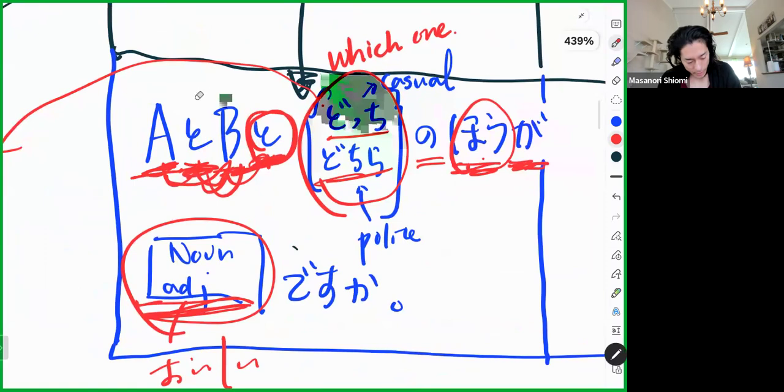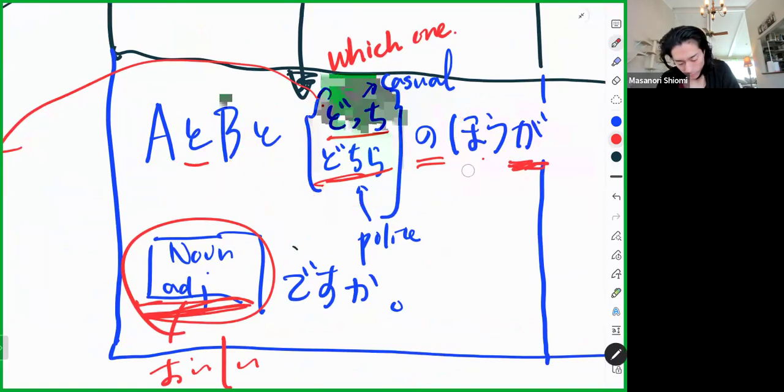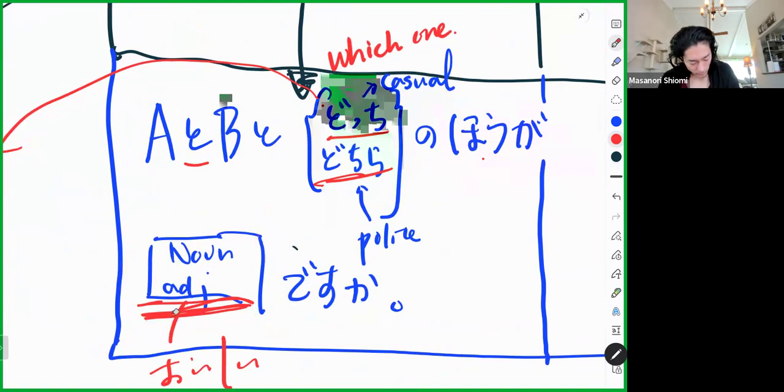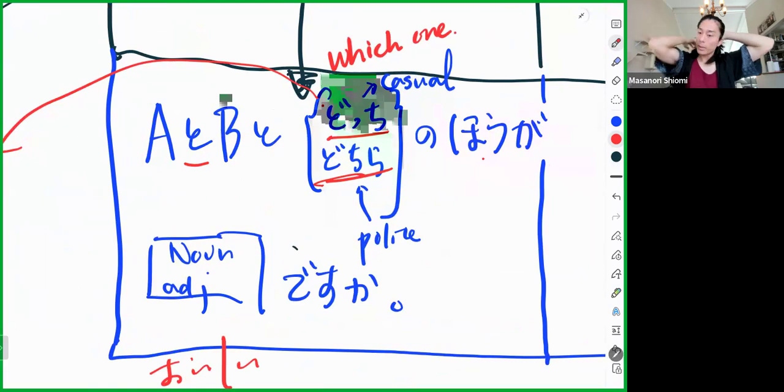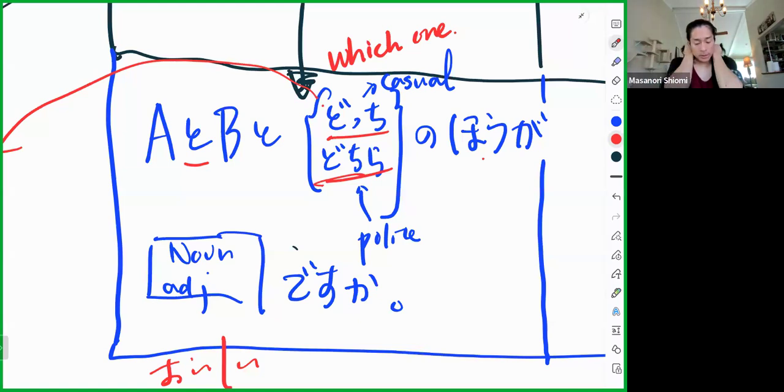With that, I think this will make more sense. A と B とどっちの方が, which one? A or B is more 美味しいですか, more delicious or whatever. Okay? This is what's on the textbook, but this is pretty formal.